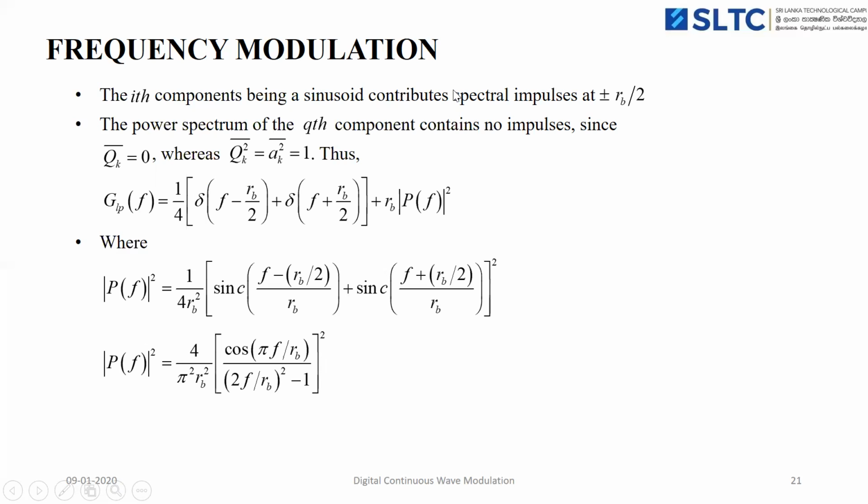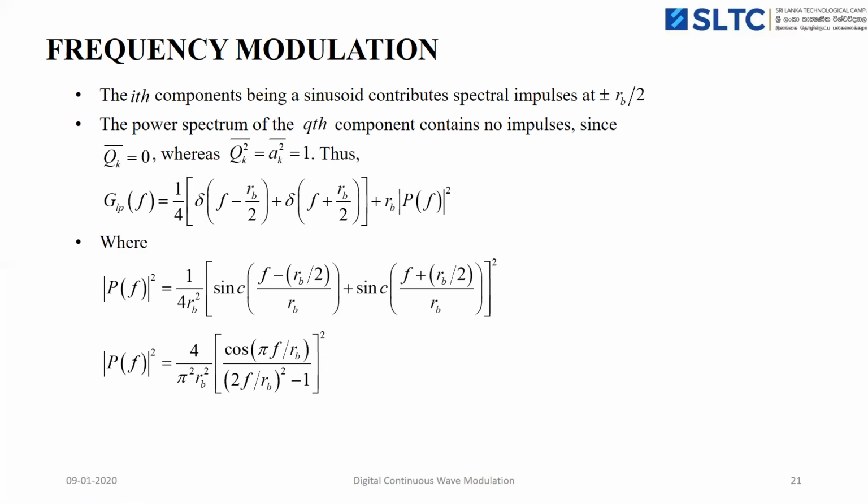But the Q component contains no impulses, since the average value of the Q component equals 0, as there is no cosine function present in the final expression for the Q component. So the mean is 0 and the variance equals 1.